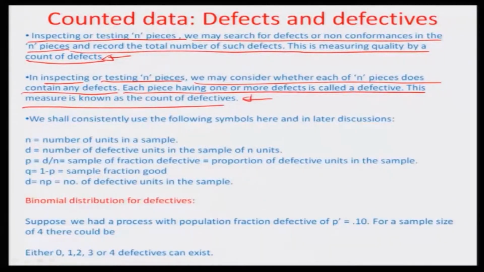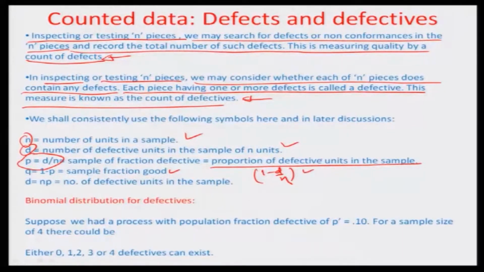So we will consistently use the following symbols. n is the number of units in a sample, d is the number of defective units in the n sample units, and therefore the probability of having a defective, which is also the fraction defective, is p = d/n. It indicates the proportion of defective units in the sample, and obviously the proportion of good units is 1 minus p, or 1 minus d/n. So there are exactly n minus d units which are good with respect to the total sample size n.